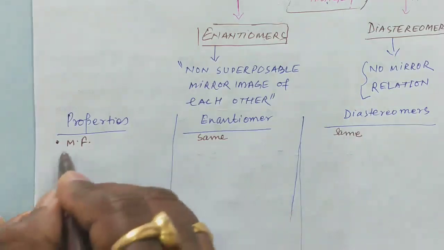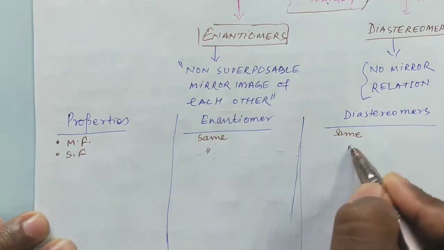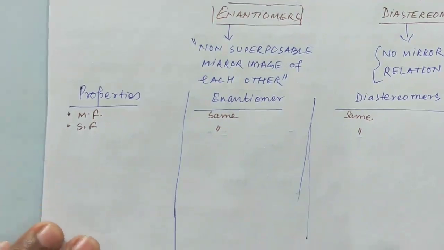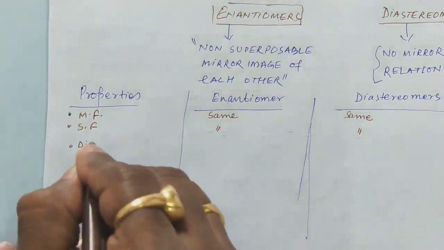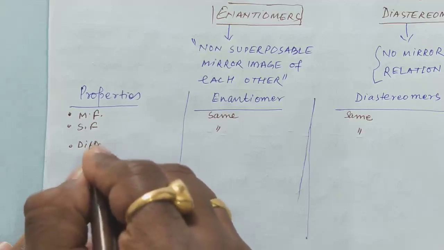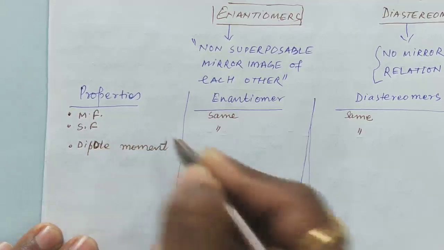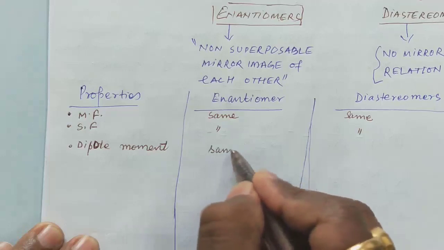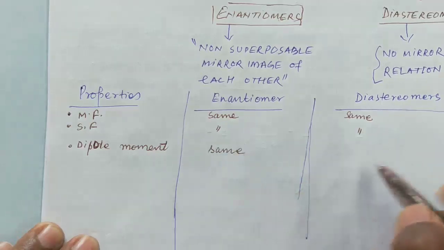Structural formula: same, both have the same structural formula. Dipole moment: enantiomers have the same dipole moment, but diastereomers have different.